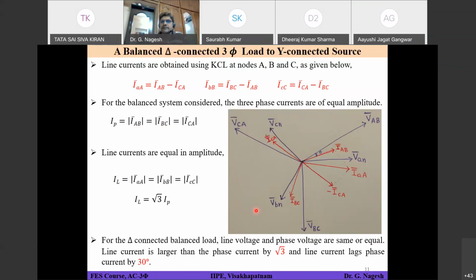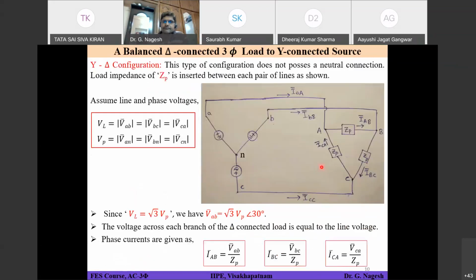You can see here, AB is here and AA is actually here. That means line current is going to lag your phase current by 30 degrees. If you see, this is your phase current IAB flowing from A to B, and this is the line current I am talking about.